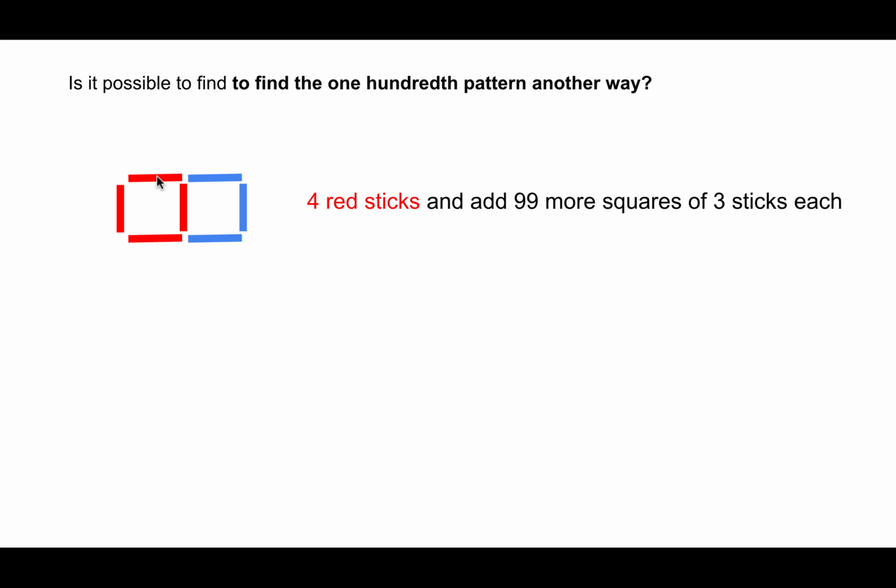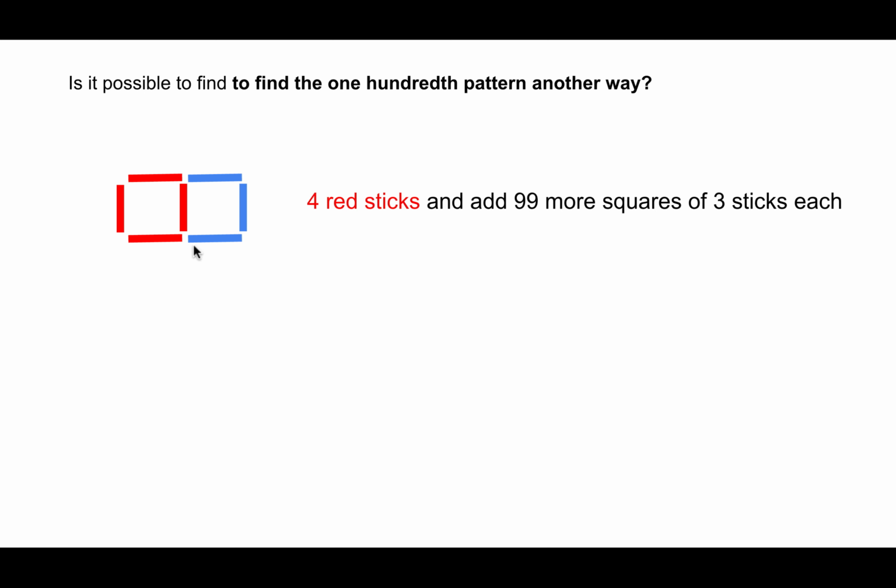Is there another way that I could find the 100th pattern? Well, I was thinking about the first pattern that I described in the beginning of the video, where I started out with 4 sticks, and then I added 3, instead of starting with 1 stick, like this. So in other words, my first square, or first figure number, is 4 sticks. And then I added 3 sticks every time. But since I start with 4, that means I'm already starting with a square.